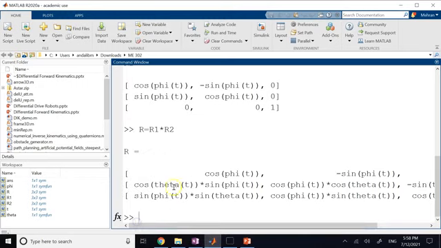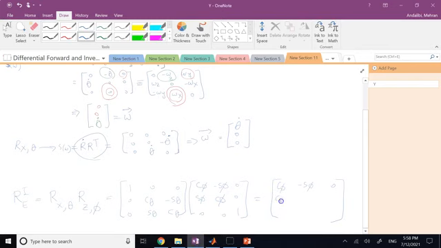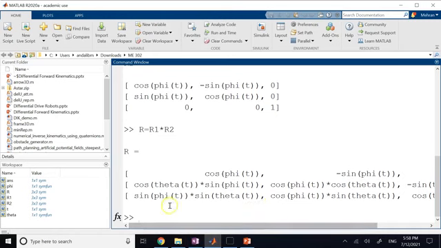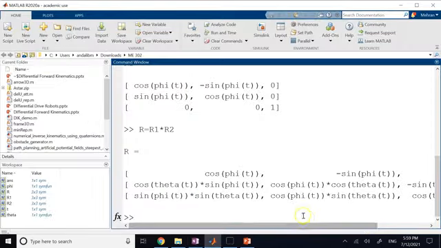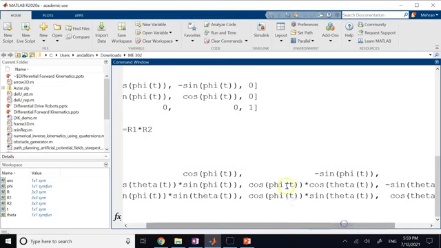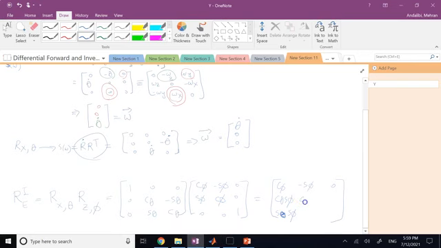And then you have cosine theta sine phi, sine phi sine theta. Here they both have cosine phi in them.